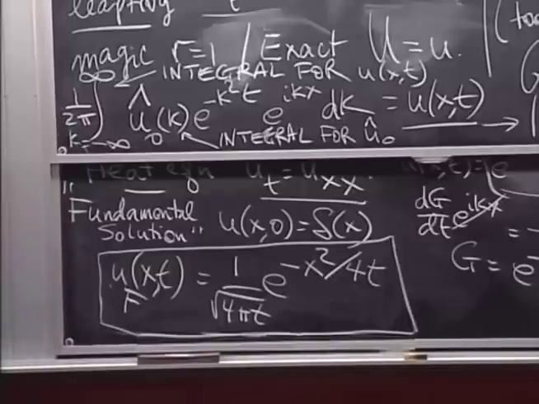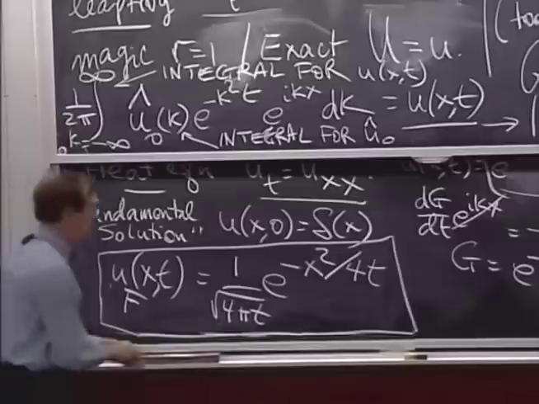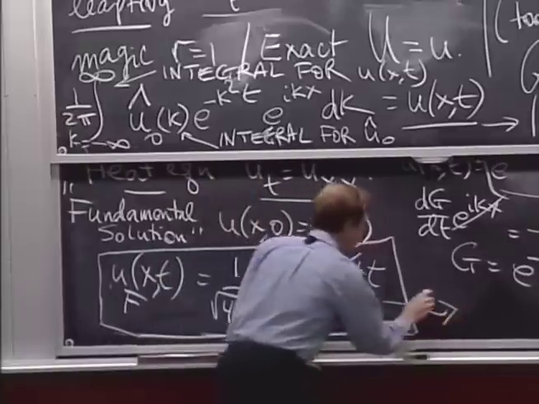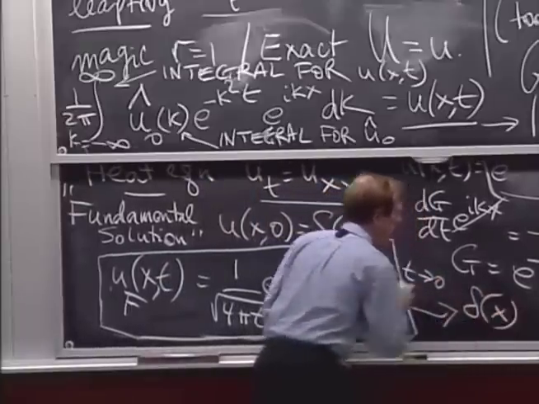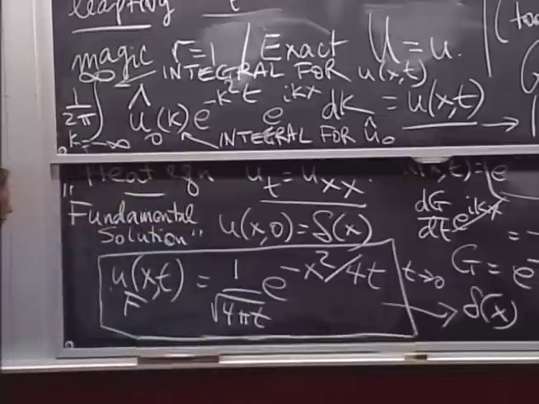Does that really converge to the delta function? This should, as t goes to 0, go to the delta function. And in some way it does. It's wonderful.